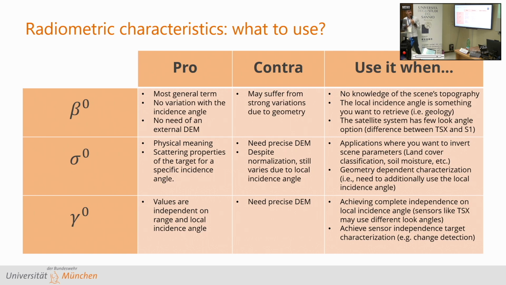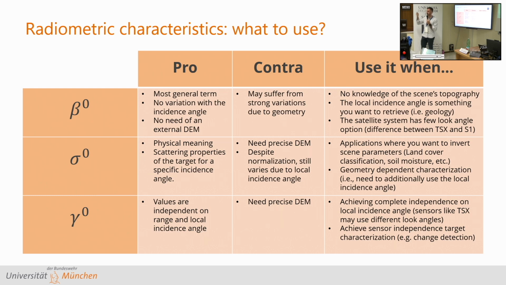Or, for example, if the satellite system has few look angle options, because there was a question in the first part of the tutorial: what do we do? Do we compensate for it or not? Does machine learning do the job? Well, Sentinel-1 uses one look angle for interferometric wide swath data. If you get TerraSAR-X, you have, I believe, 7 different possibilities of look angles, so of geometries.